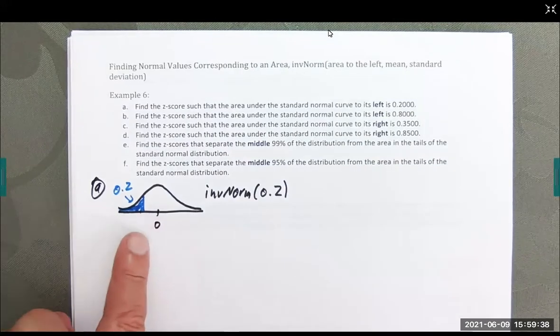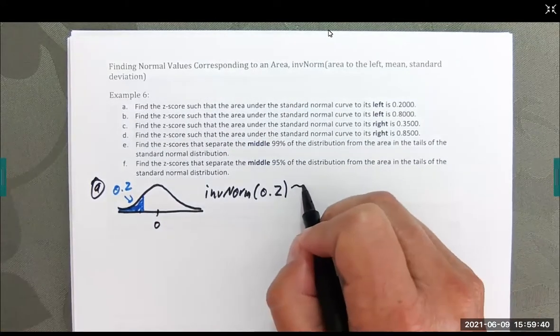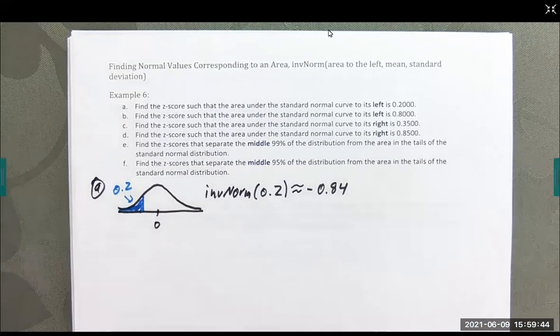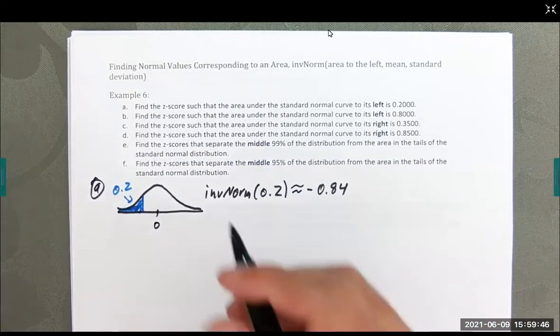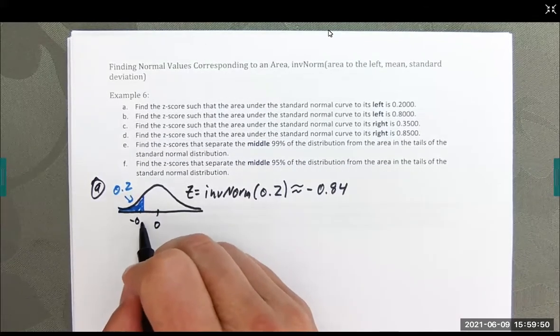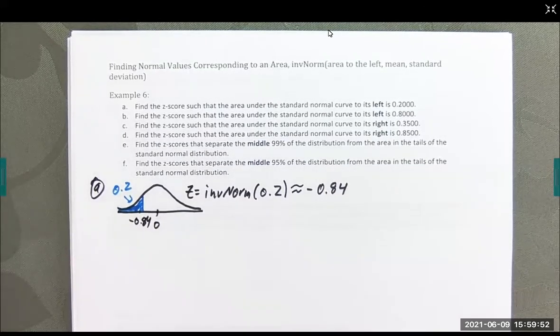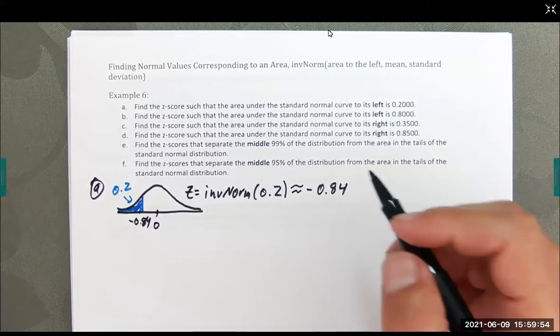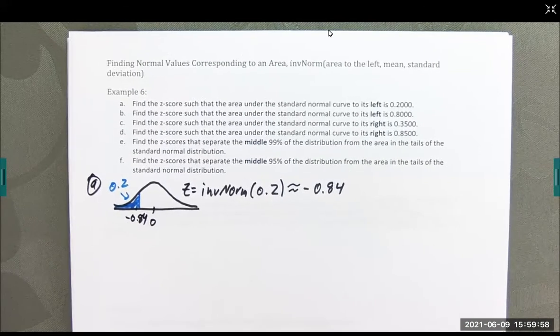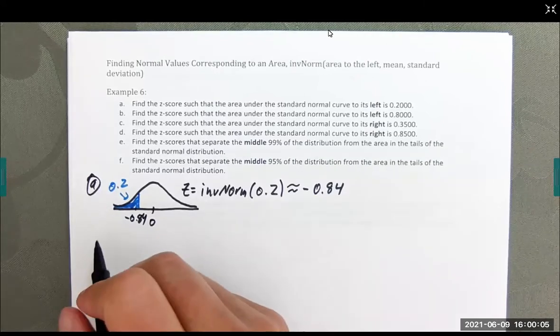I'm on this side of 0. Negative 0.84. We often just round Z values. This is a Z value. So negative 0.84. We often, or I, round it off to 2 decimal places. And that's because of an old system where we used to have tables and we only had 2 decimals.